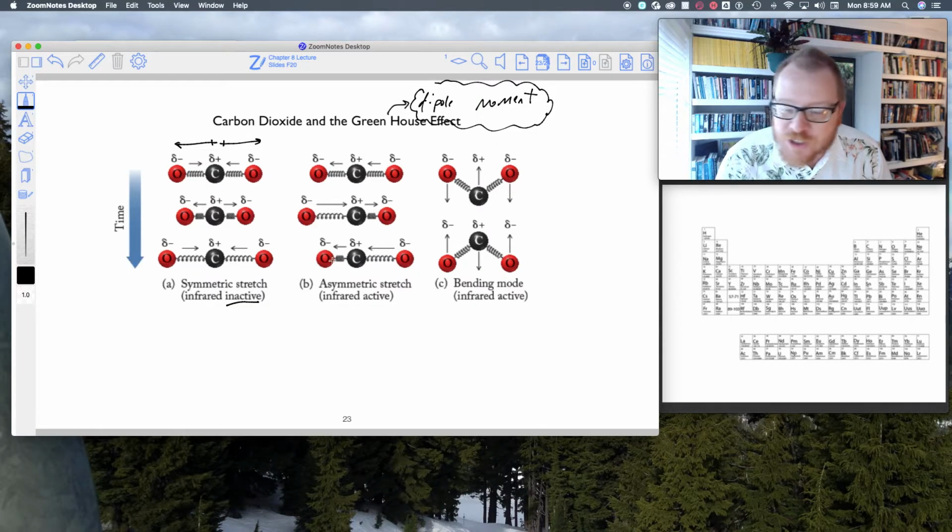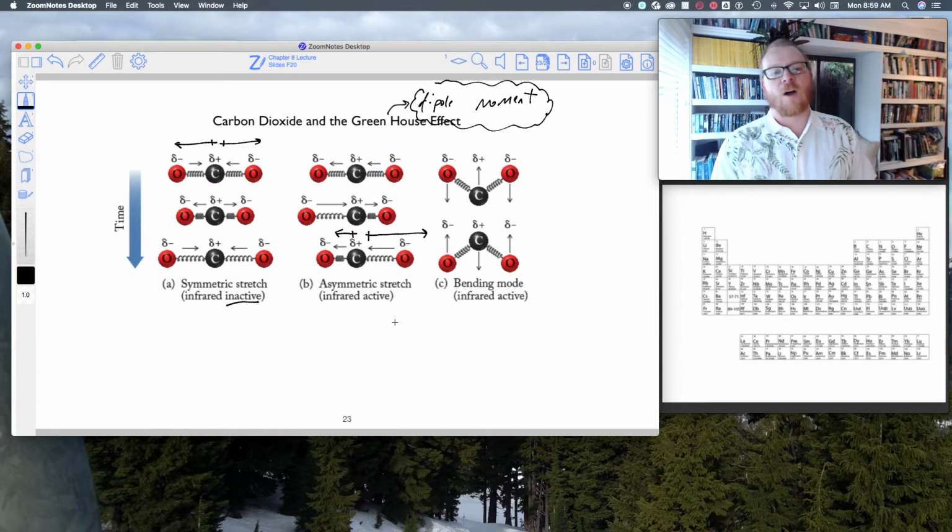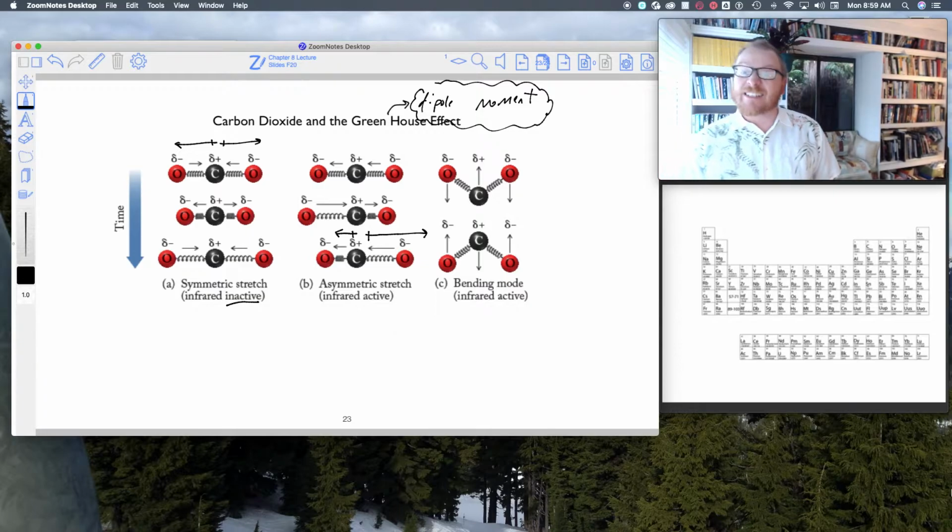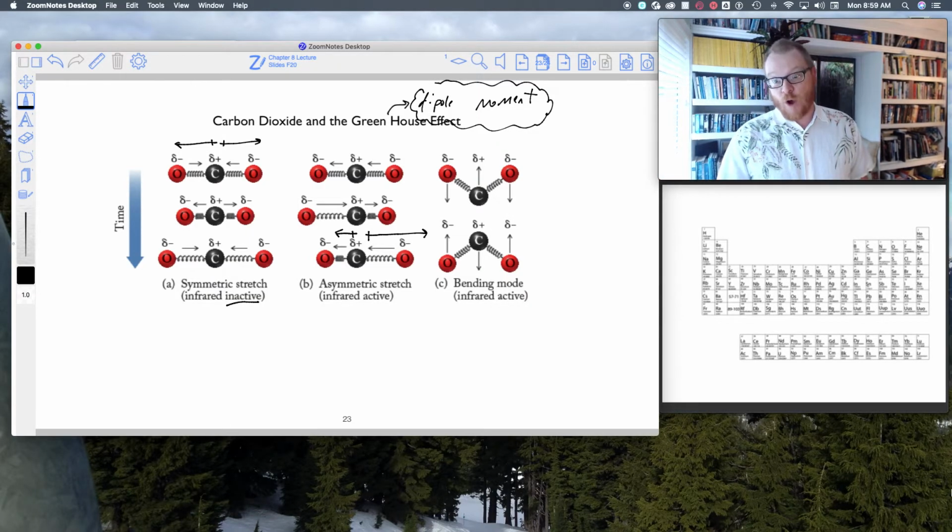When this oxygen is compressed, the dipole moment is very short on that side. And when this oxygen is elongated, the dipole moment is very long on that side. And that gives it an overall net dipole moment. In fact, it's a really strong overall net dipole moment, okay?